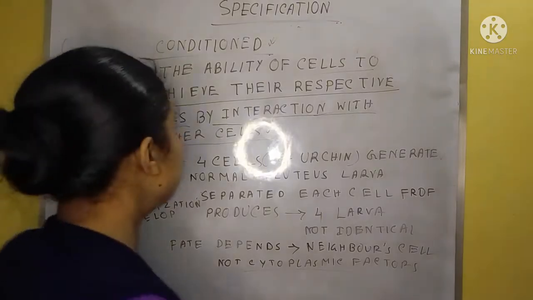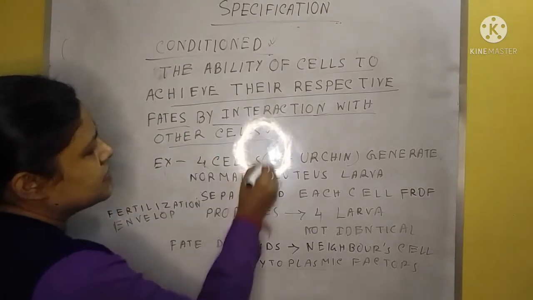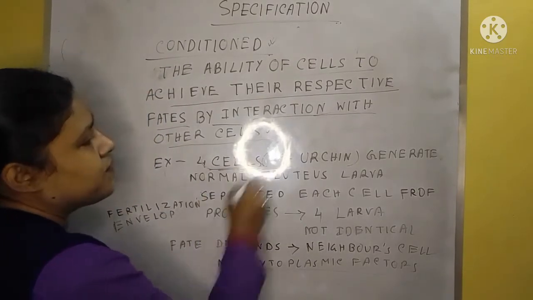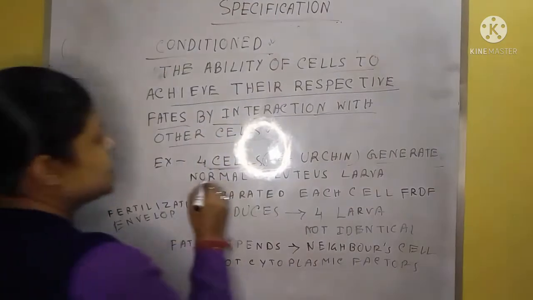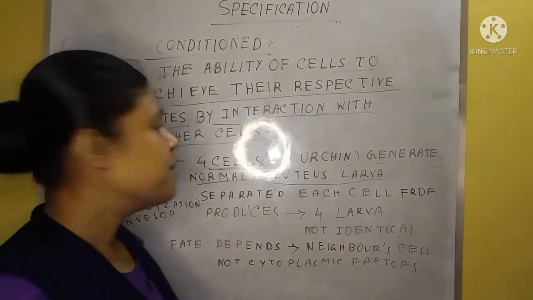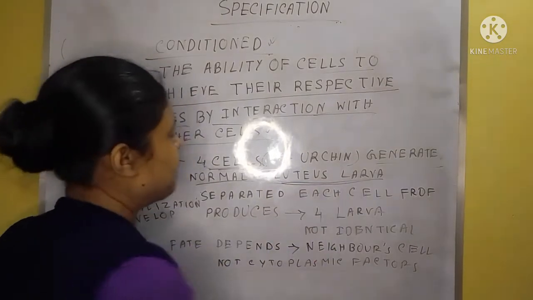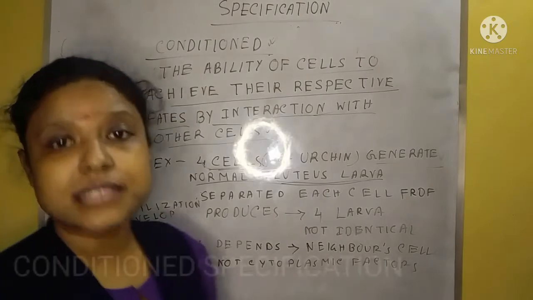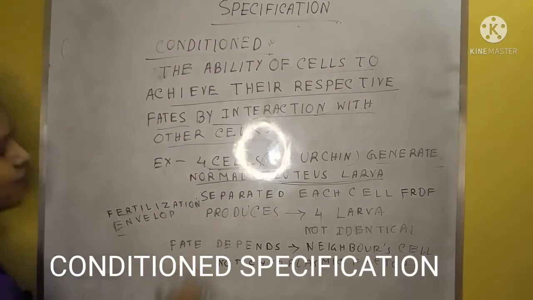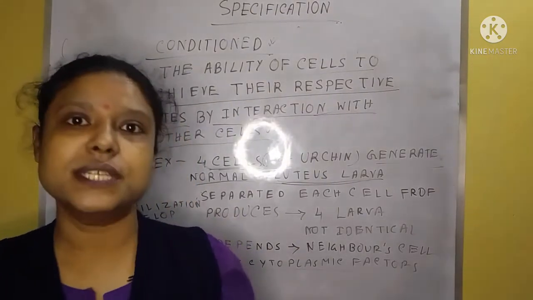If we take one example, in the sea urchin egg, the 4-cell blastomere stage: the 4 cells generate a normal pluteus larva. But if we separate the 4 cells from the fertilization envelope, each cell develops one pluteus larva.